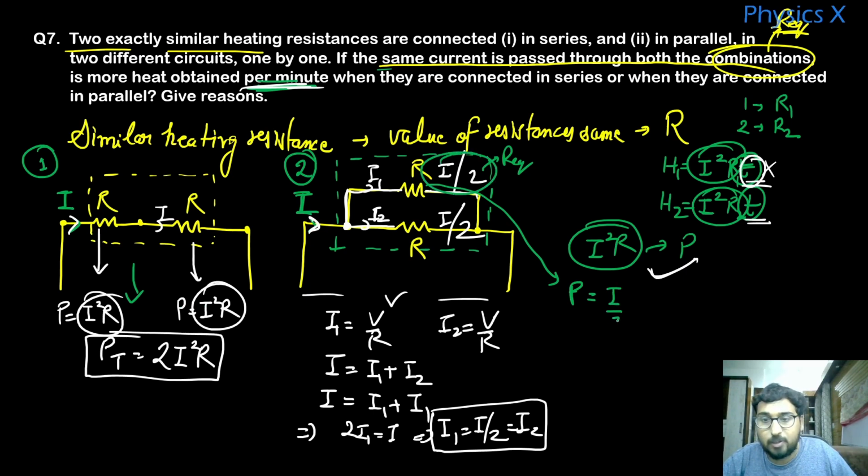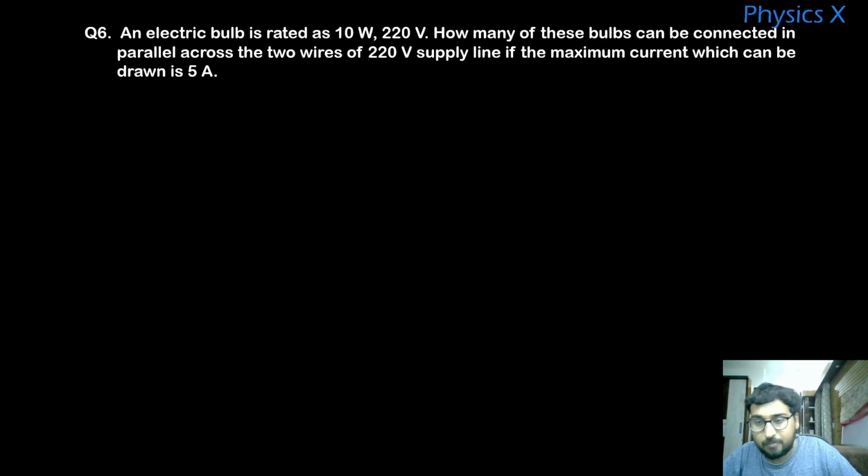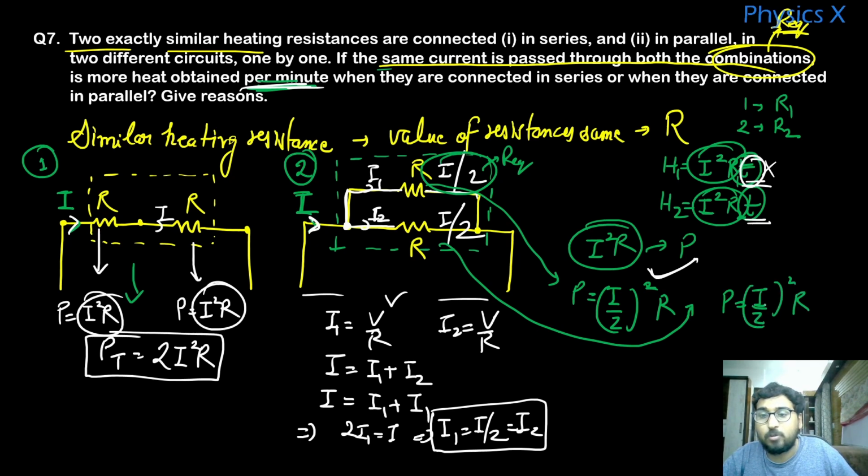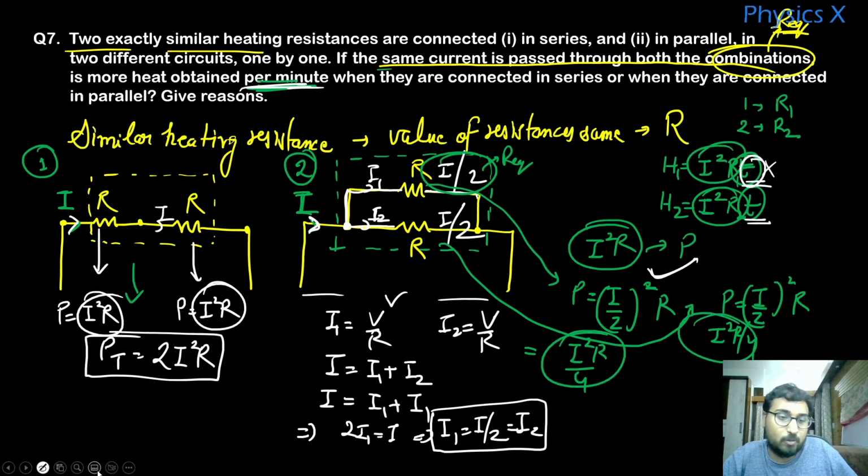So it is (I by 2) square into R in this case, and for this one also it will be (I by 2) whole square R. So this is nothing but I square R by 4, and this is also I square R by 4. So what will be the sum of these two?